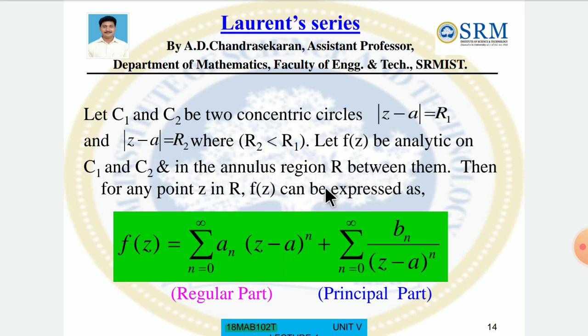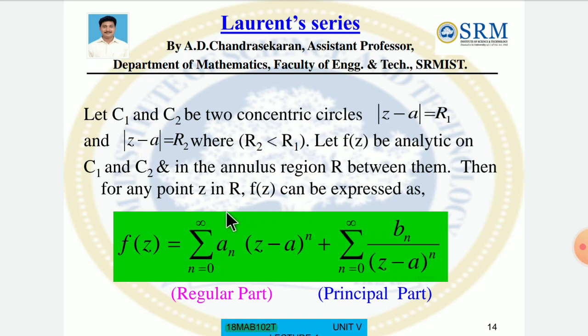Then if you choose any point z in that annulus region R, we may express the given f of z in this form: f of z is equal to summation n equal to 0 to infinity a n into z minus a whole power n, plus summation n equal to 0 to infinity b n by z minus a whole power n.